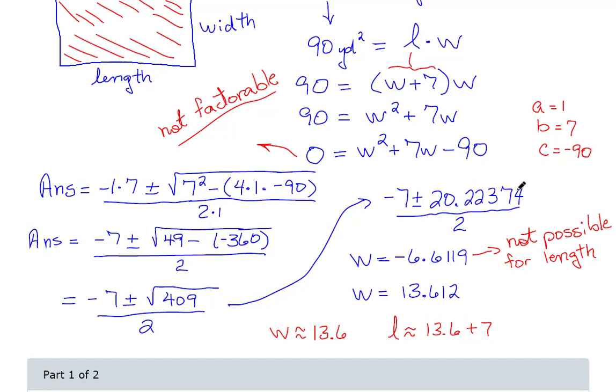And for now, I wrote down lots of decimals. We'll round later on. So if I use the minus, minus 7 plus 20.22374, and divide that by 2, I get a negative 6.6. If I use the plus, then I end up with W is 13.612.